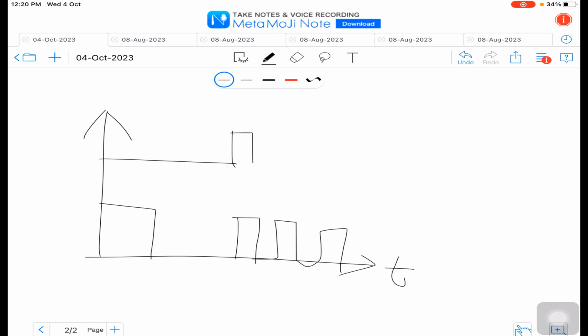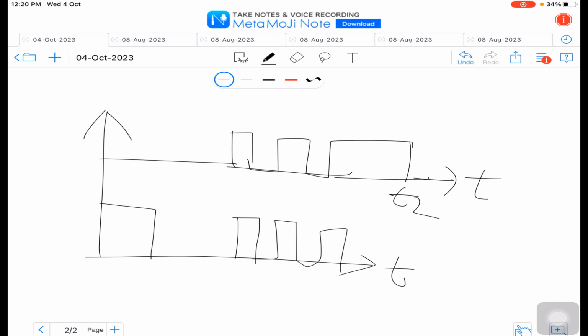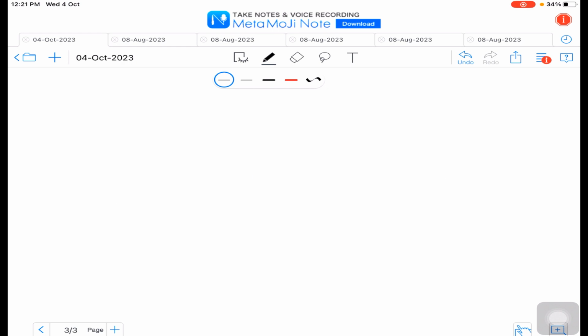Now, when you observe, this is T2, this is T1, this is V at Y and V at X. So let us understand with the help of a switch how exactly a switch operates.